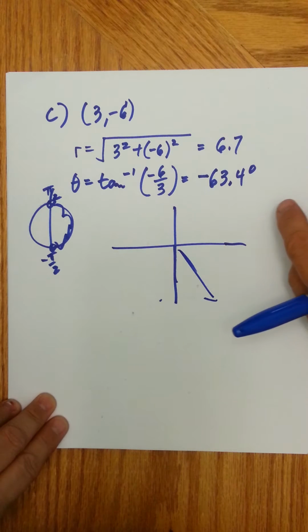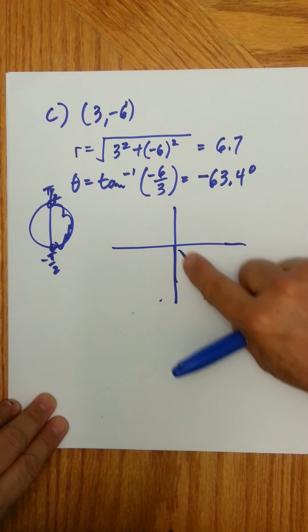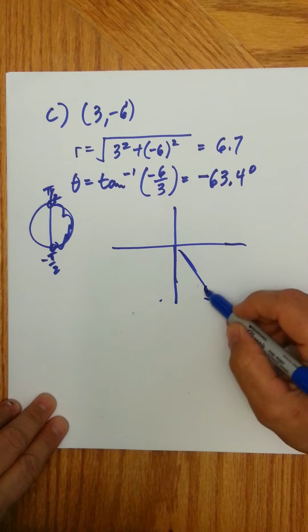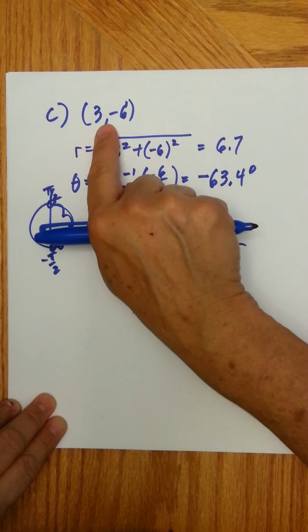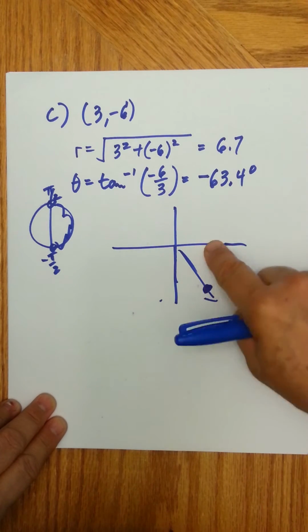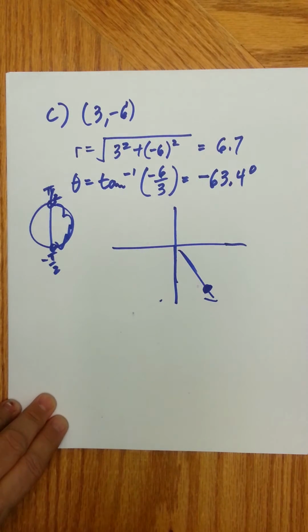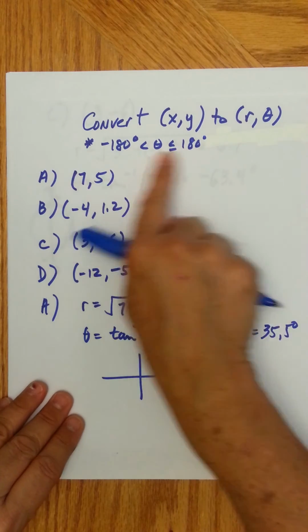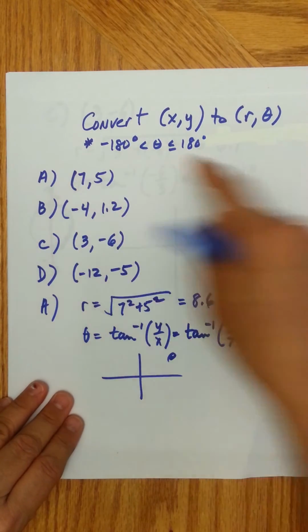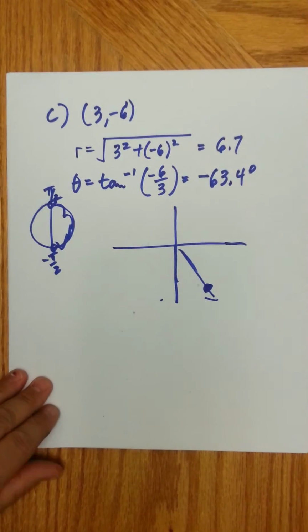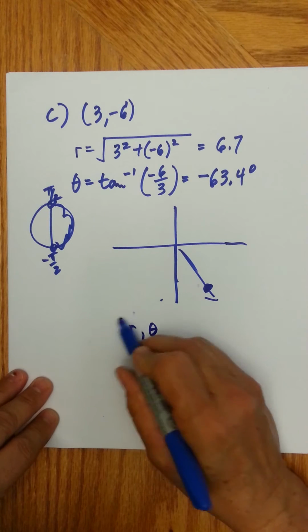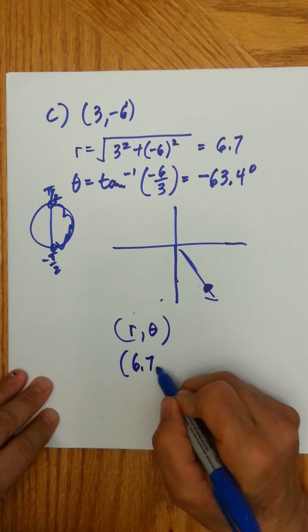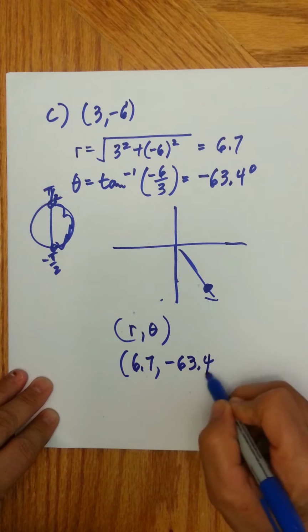And then we go out 6.7, which would put us somewhere here, right? Does that look like what we have here, going over 3 and down 6? Yes, it does. So this angle is here in this interval, right? It doesn't exceed negative 180 going that way. So r theta will be 6.7, negative 63.4 degrees.